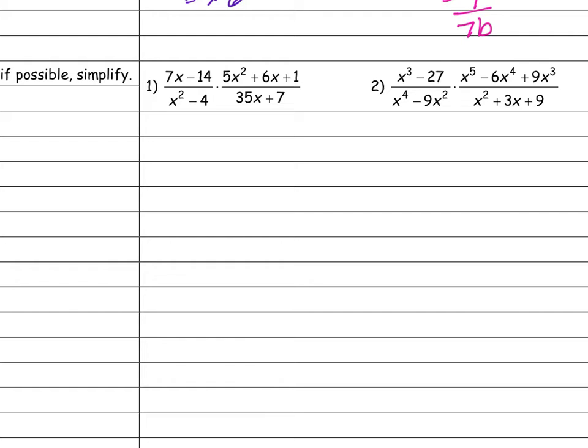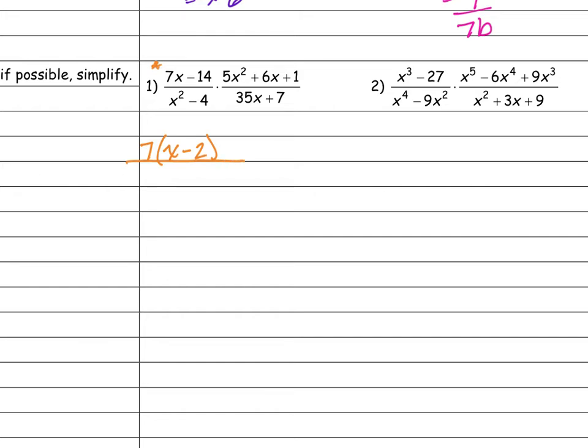So I'm going to start with the top. I'm going to start with this side and do the fraction, the top and the bottom of that side. And then I'll do the top and the bottom of the right-hand fraction and just factor. So I know on the top of the left-hand side, I can take a 7 out. So if I take a 7 out, I'm going to get 7 times x minus 2. Please tell me if I do something wrong.